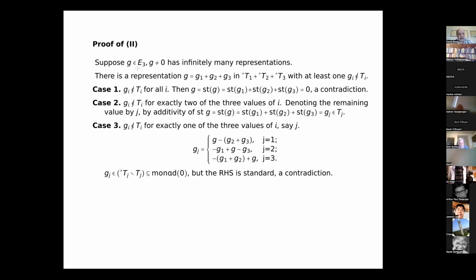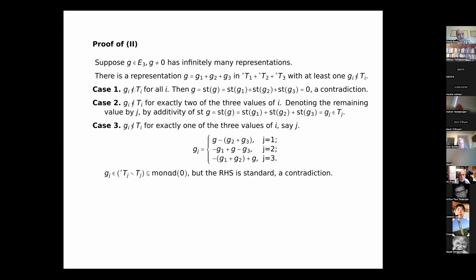Suppose it's in E3, it's a sum of three of these things, it's not equal to 0, and it has infinitely many representations. Well, that means it's got a representation in the non-standard universe with at least one non-standard summand. So G can be written as G1 plus G2 plus G3, where G sub i is in T sub i, and at least one of the G sub i's is non-standard.